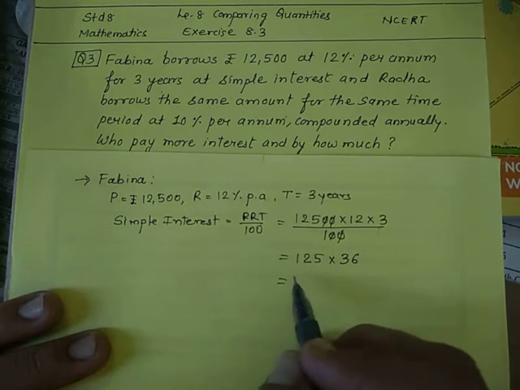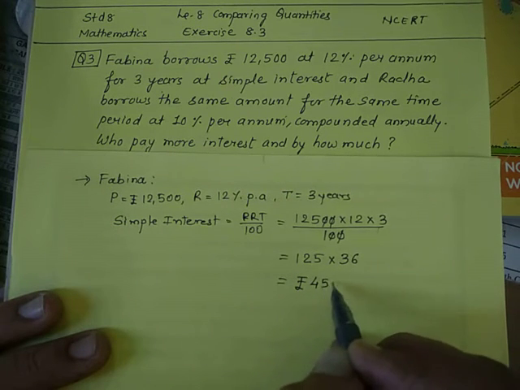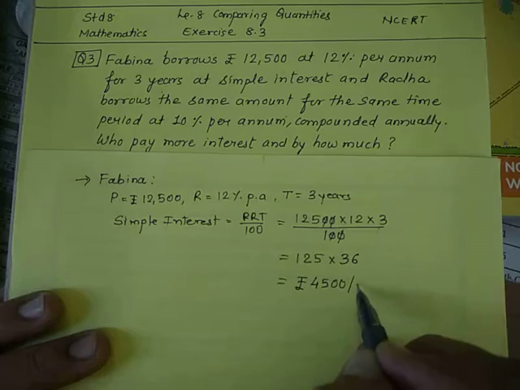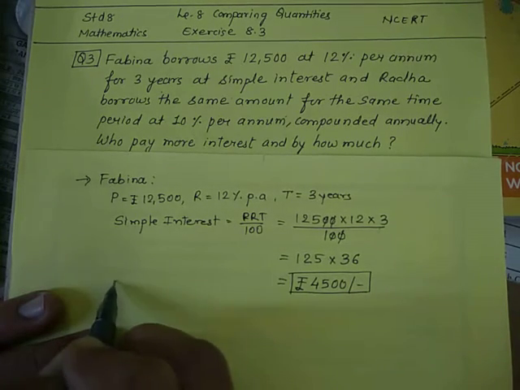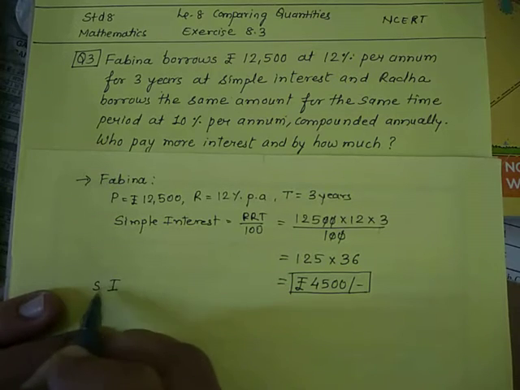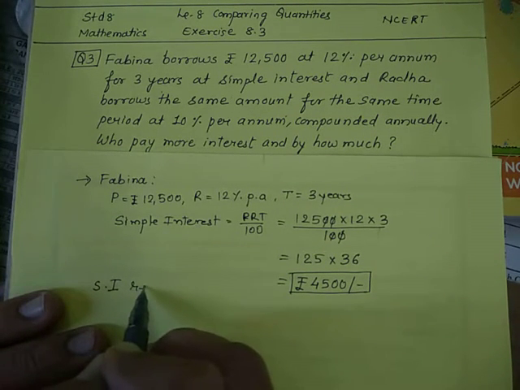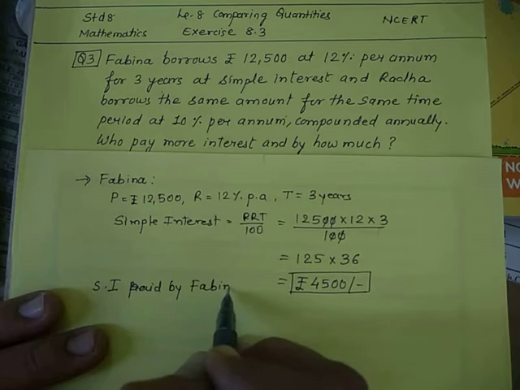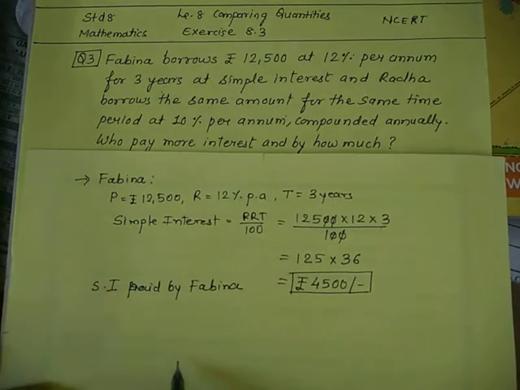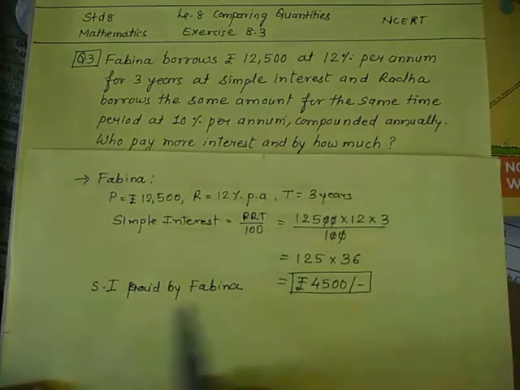If you multiply this, you will get rupees 4,500. This is the simple interest paid by Fabina. Clear? Now we can proceed for Radha also.